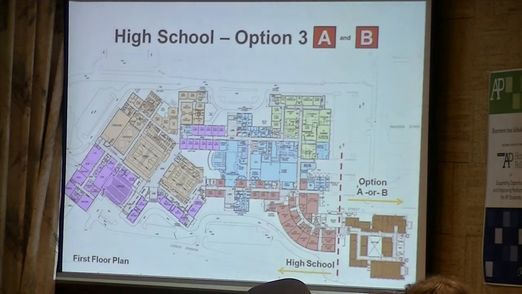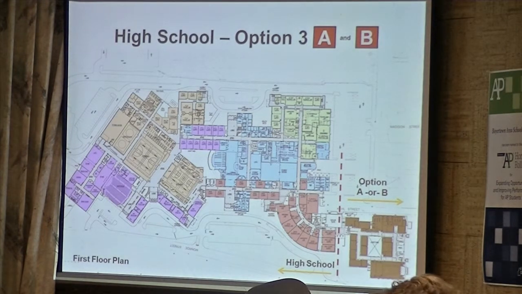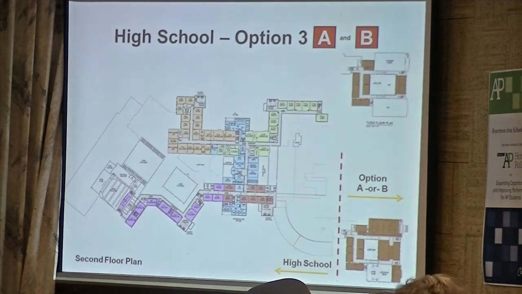Here's a floor plan of the building showing the design that we worked through with your administration and your teachers, showing the different academies, which we've talked about several times. This red line shows the portion of the project that would be the high school, and the remaining brown area is part of option A or option B, either school use or other use.